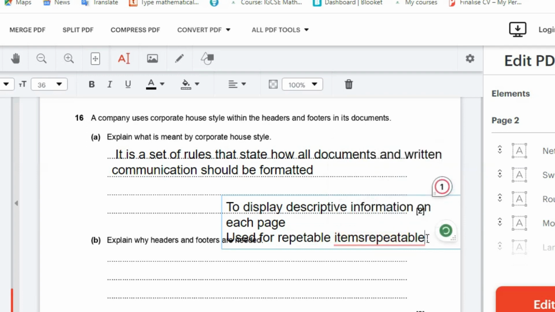Also, it saves time. It saves you the time of writing the same thing on each page. Do we understand?